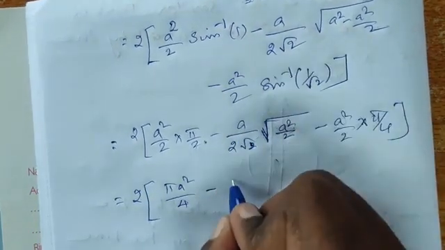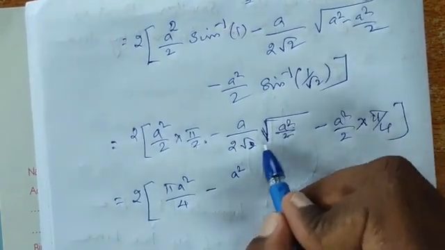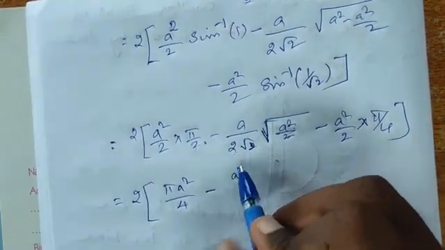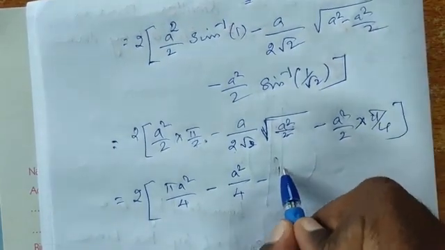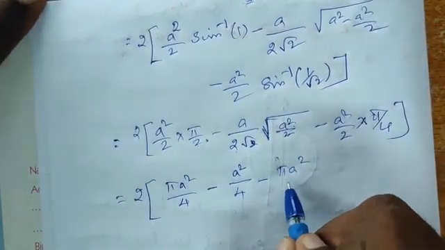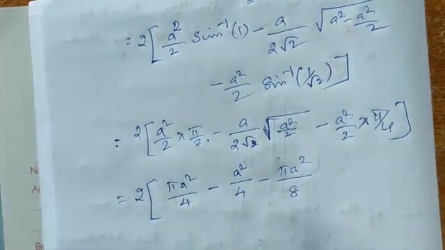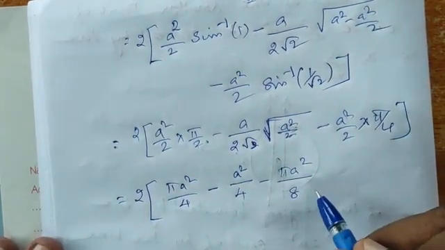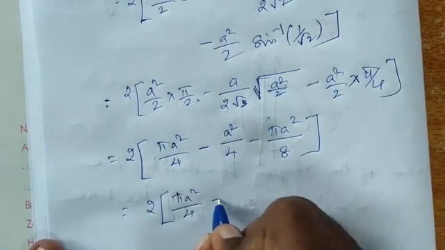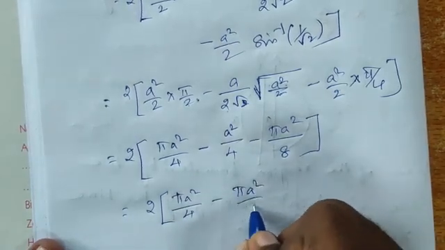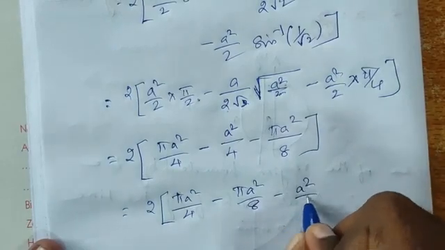So next step, 2 into pi a square by 4 minus root of a square is a, so a into a, root 2 into root 2 is 2, 2 into 2 is 4, so a square by 4 minus pi a square divided by 8. Pi a square divided by 8. So we get a square by 4 minus pi a square by 8 minus a square by 4.